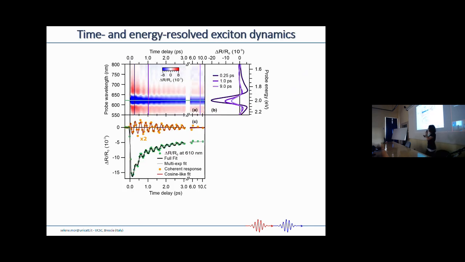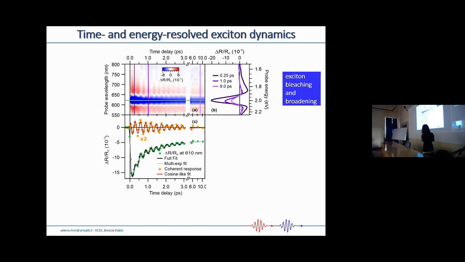This is what we indeed got in this measurement. You see in this top left map the transient reflectivity as a function of probe wavelength and time delay. If you slice this map vertically, you get transient reflectivity spectra at any delay from the pump arrival. You recall quenching of the exciton where the transient reflectivity is negative, and broadening where the reflectivity is positive.